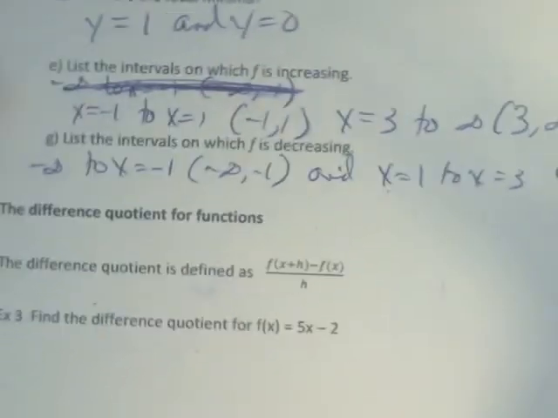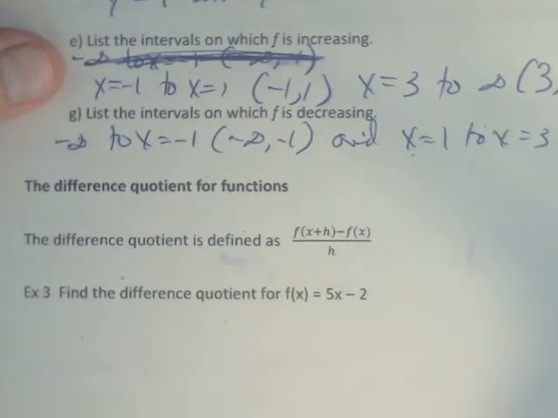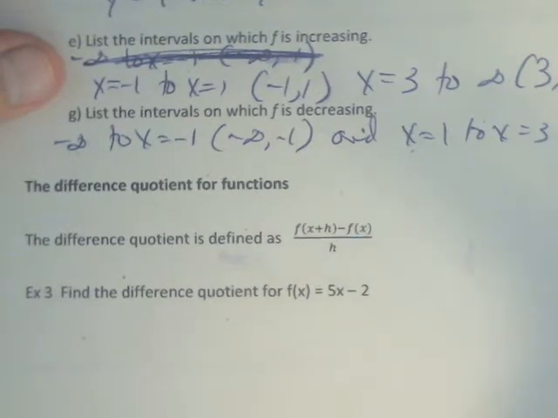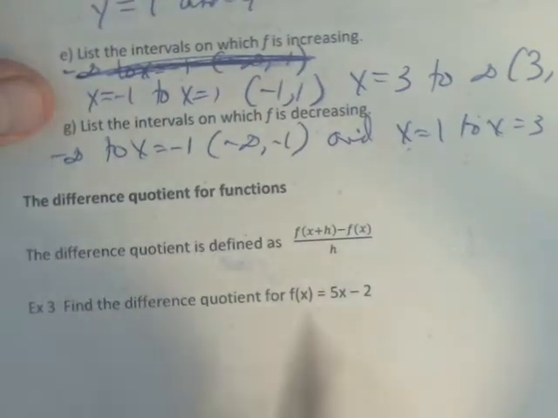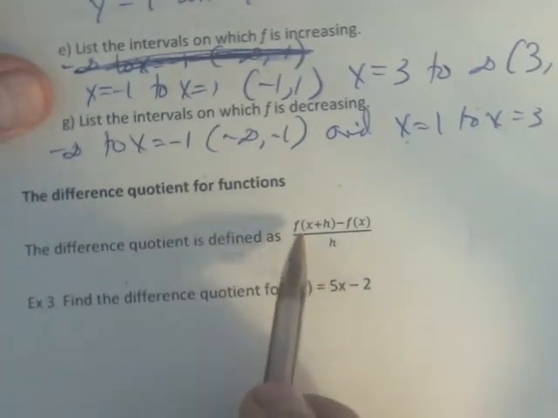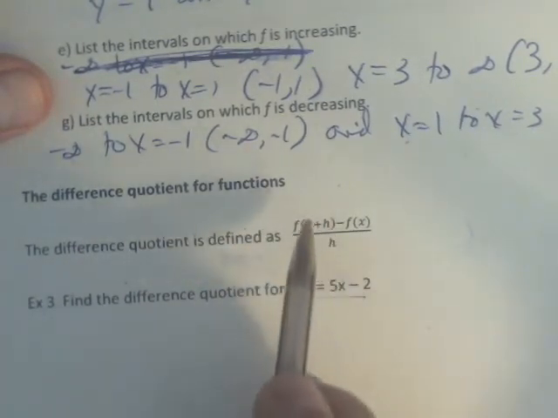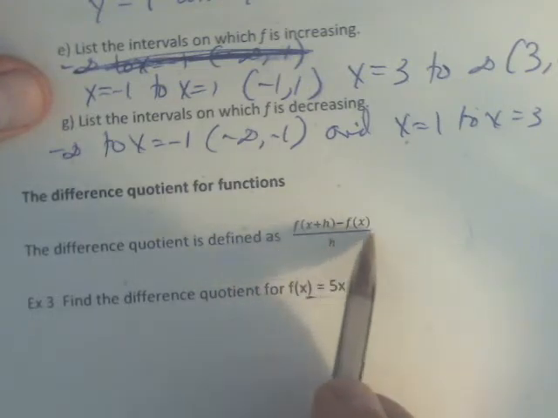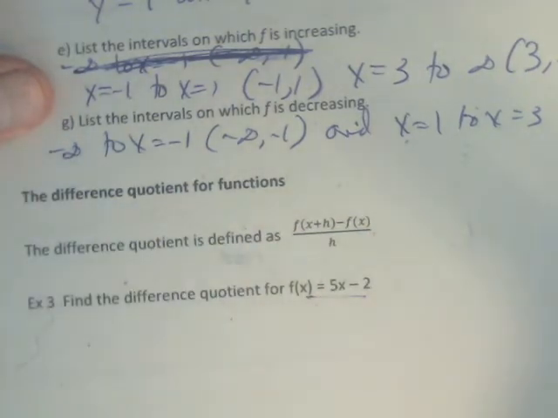This next item is called the difference quotient. Not sure why it's here in this section, but it is. And so we're given a function, and we're going to use this combination just to do some algebra evaluations.